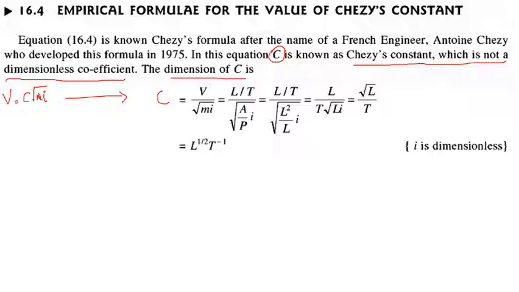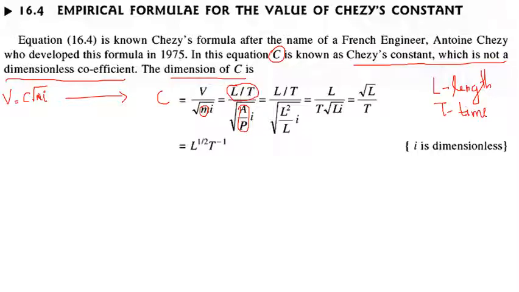Here m is A by P, and if we consider that L is length and T is time, velocity is length by time, so V = L/T.